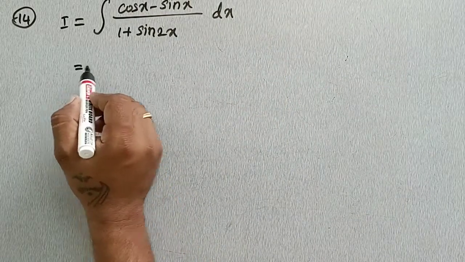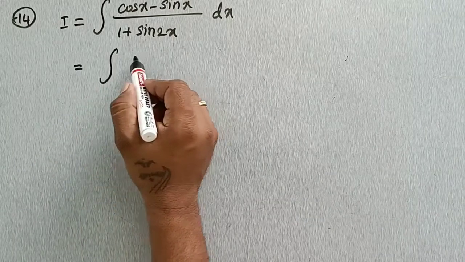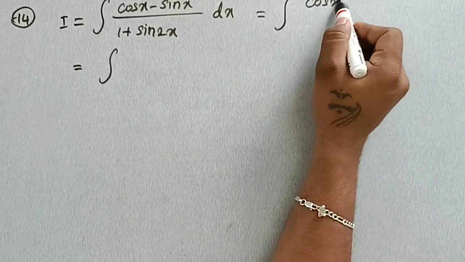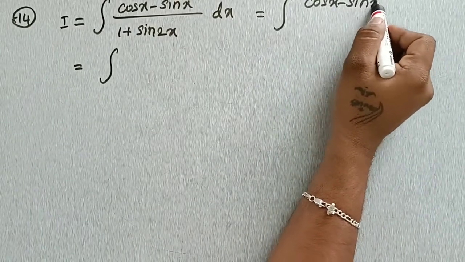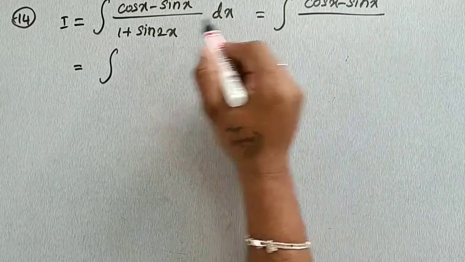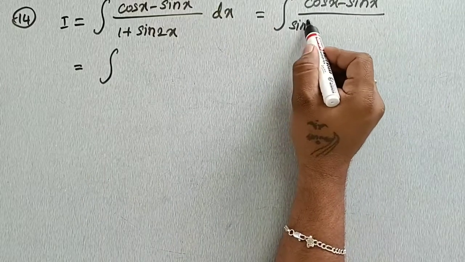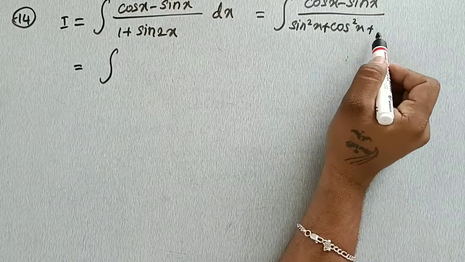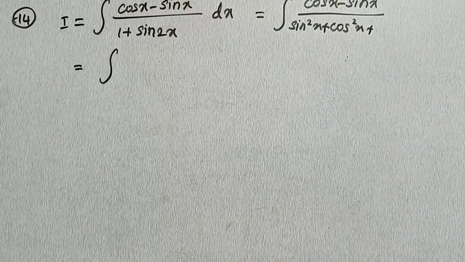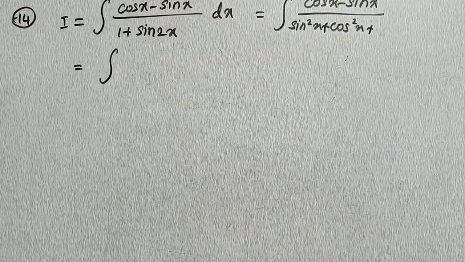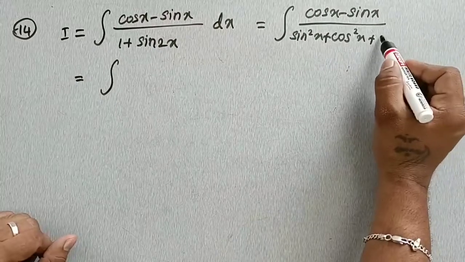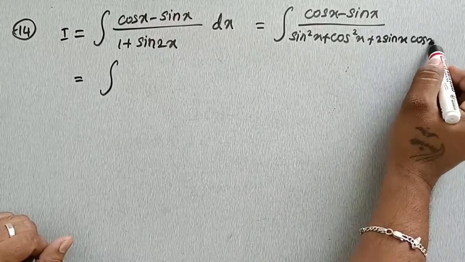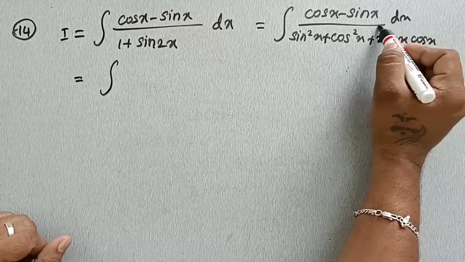So the denominator I am going to simplify. So cos x minus sin x divided by, this 1 can be written as sin square x plus cos square x, plus this denominator sin 2x can be written as 2 sin x cos x, into dx.